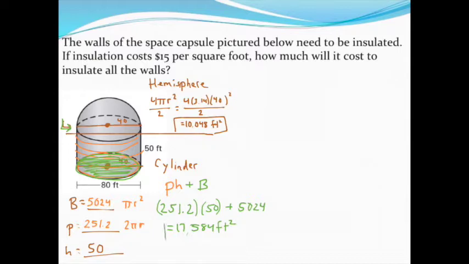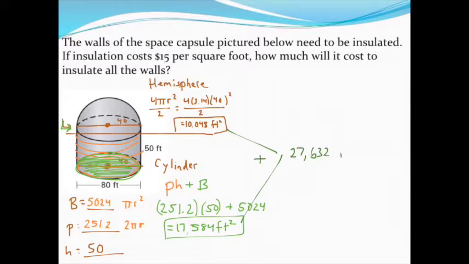And again, box that answer because you're going to need it. All right, so at this point, we have the information we need to get the total exposed surface area. We've got about 10,000 from the hemisphere. We've got about 17,500 from the cylinder. Adding those two pieces together gets me a total exposed surface area of 27,632 square feet.